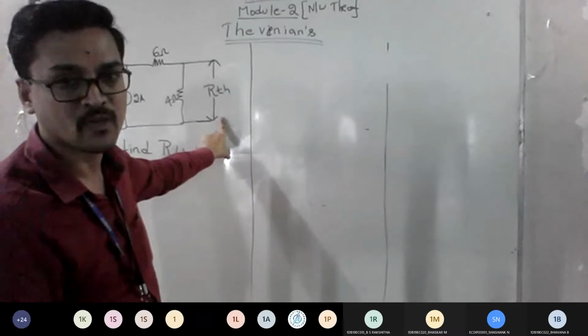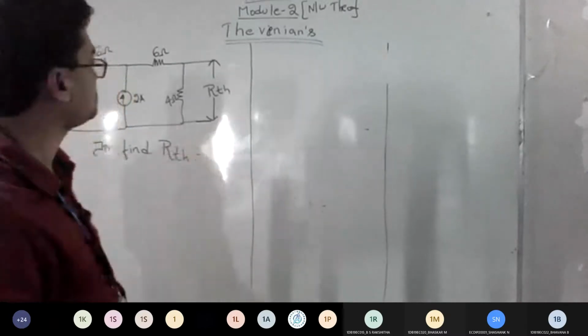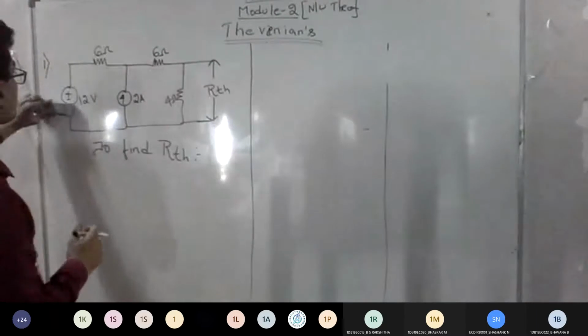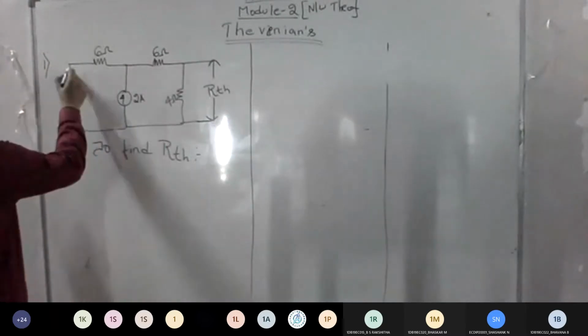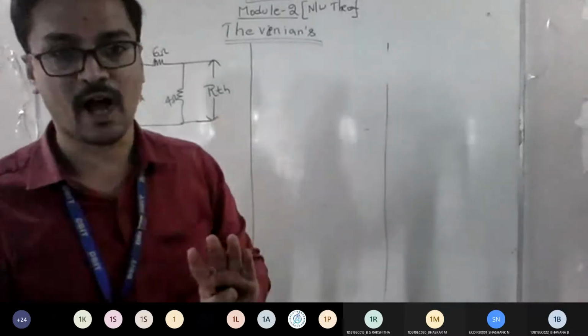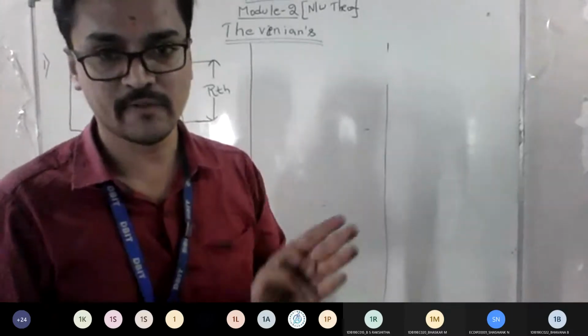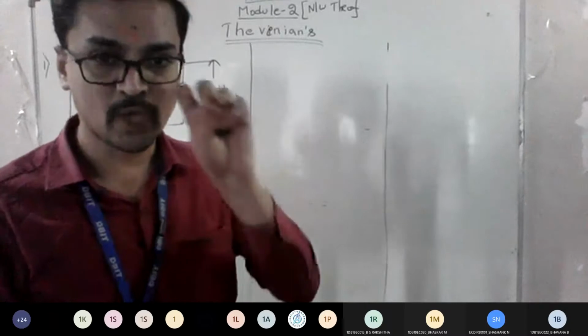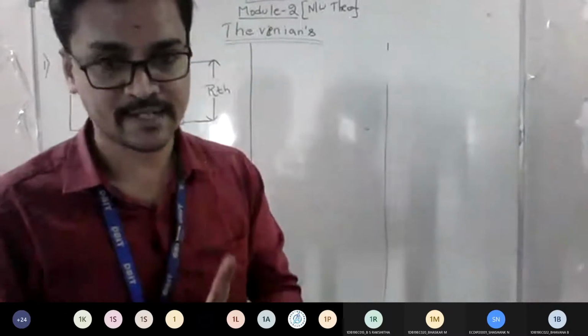Then what I told? Wherever a voltage source is, what you should do here? You should... VTH. Not VTH. I am finding RTH. The procedure to solve RTH is separate, and the procedure to solve VTH is separate. So now I am going with step number 1 to find RTH.